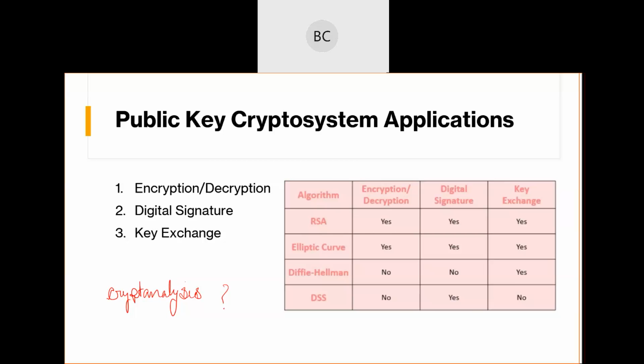So what are the three main types of cryptanalysis in the case of public key? One is the brute force attack. Remember what happens in a brute force attack? Brute force is a cryptanalytic attack.